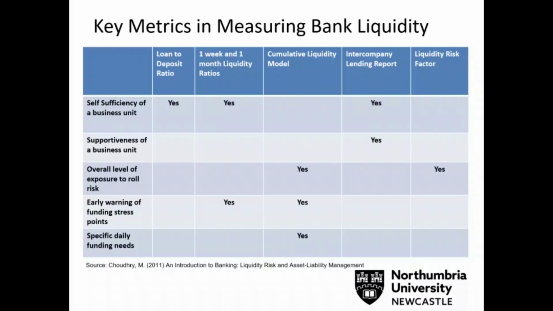So these are done by the Treasury Departments, and they're good key metrics, and they will be disclosed, of course. So you have the loan to deposit ratio, 1 week and 1 month liquidity ratios, a cumulative liquidity model, intercompany reporting, and an overall liquidity factor.